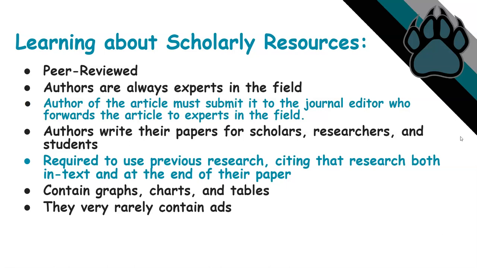And what these other experts do, they're going to read through the article, they're going to do their own research, they're going to make comments on how reliable it is, if the information is correct, and we run through all these different steps to make sure that this article is reliable, that it is 100% correct. Only then will it be allowed to be on the databases that we use.